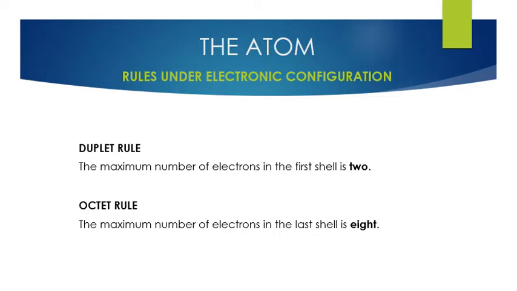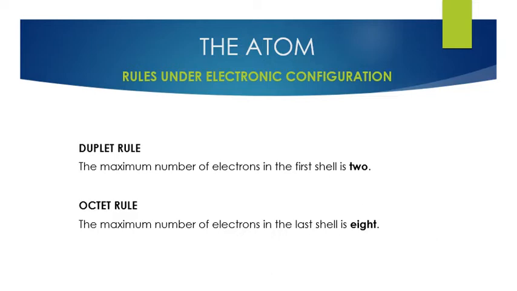Now, if you analyze with me again, you'll see that these two rules are related. The duplet rule looks at the first shell while the octet looks at the last shell. And so it's easy to remember these two rules. The duplet rule focuses on the first shell, and because of its name coming with the prefix du, which is do, it involves the first shell having a max number of 2.